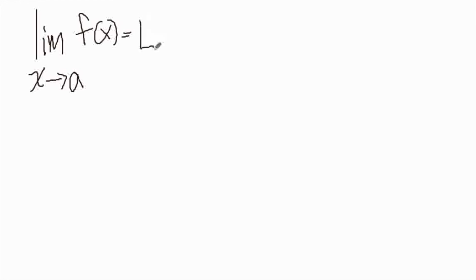Okay? So the precise definition of a limit as x approaches some number a of f of x, let's say that the limit is equal to L, okay? So we want to know, what does that rigorously, precisely mean without any ambiguity?